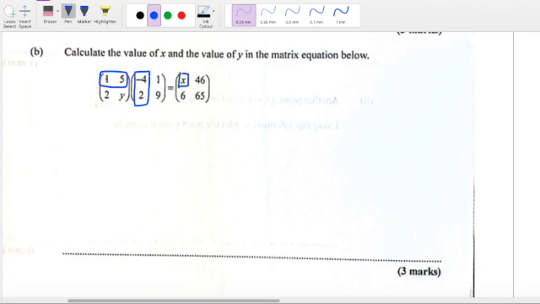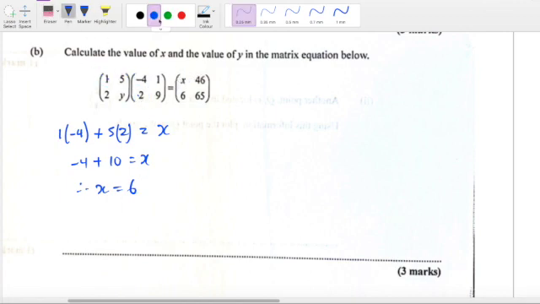So I take the 1 times the -4, and then I add the 5 times 2, and that will give me that element x. So this is -4 plus 10 is equal to x, therefore x is 6.